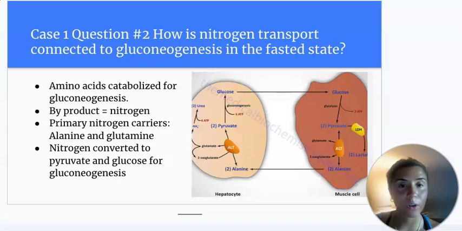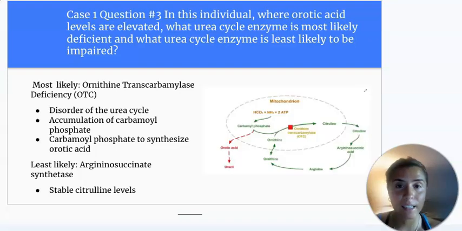Next, the third question asks, in this individual where orotic acid levels are elevated, what urea cycle enzyme is most likely deficient and what urea cycle enzyme is the least likely to be impaired? The elevated orotic acid levels associated with normal plasma citrulline levels suggest a deficiency in the enzyme ornithine transcarbamylase, known as OTC.